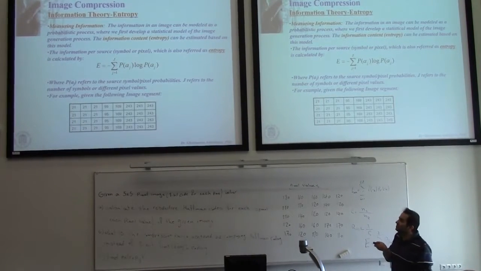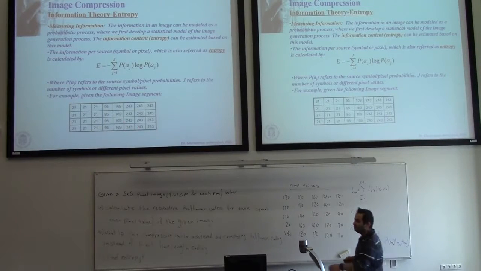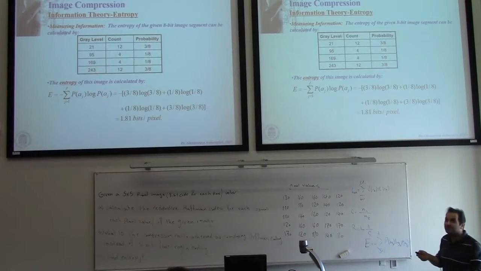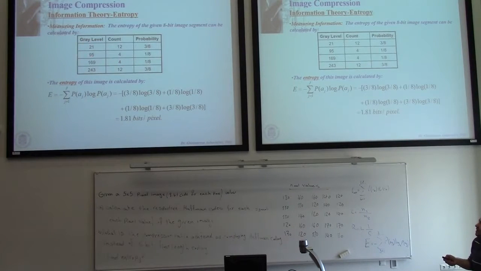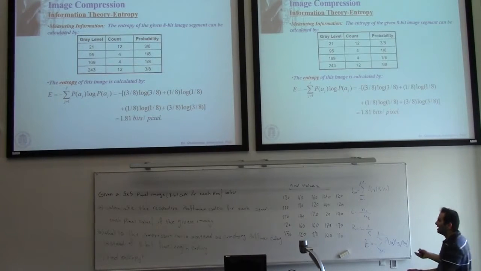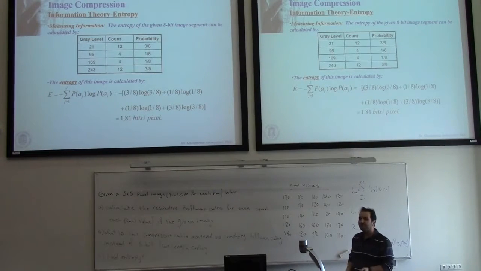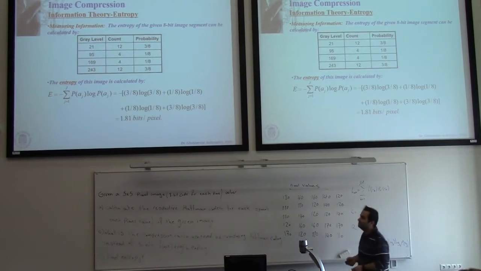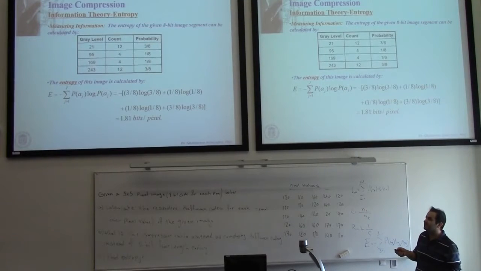For example, in this example, we found the probability of each gray level, 21, 95, 169, and 2, and we easily find the entropy of the image by using these probabilities. It means that you don't need to assign some codes, for example by using Huffman coding, and after that find the entropy.